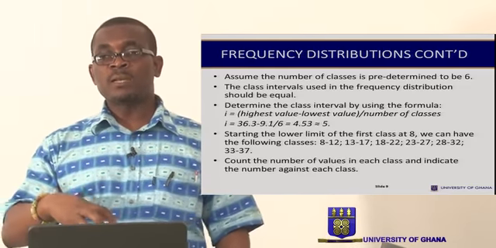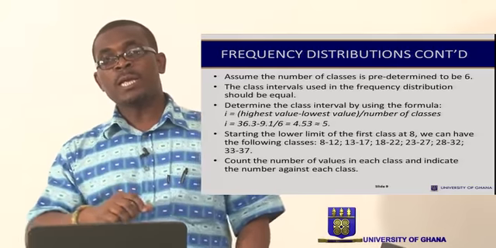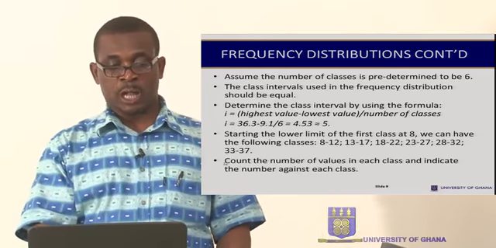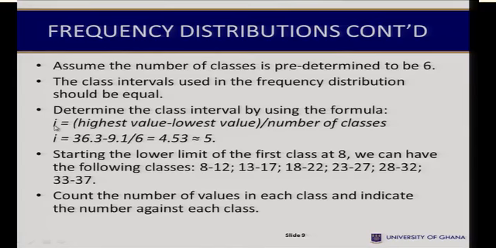It means that we can determine the class interval, which we shall call I. To find the class interval, just look for the highest value in the raw data and subtract from it the lowest value, and then divide that by the number of classes that you desire. So from the data that we saw, the highest value is 36.3 and the lowest is 9.1.